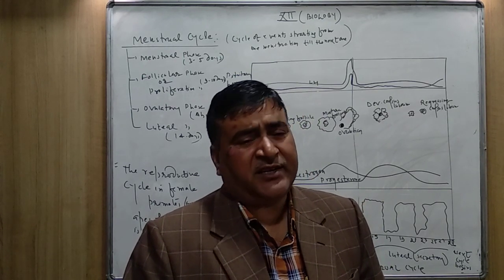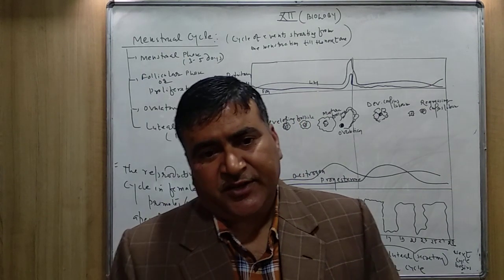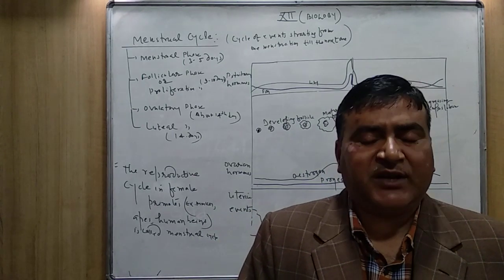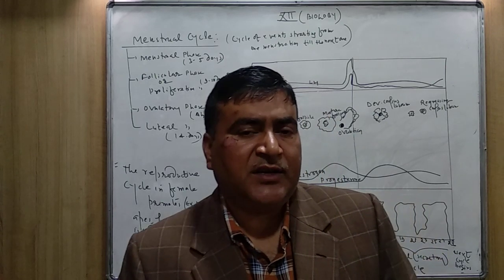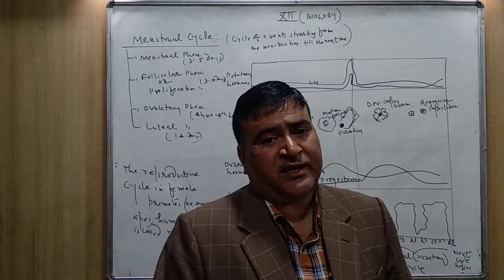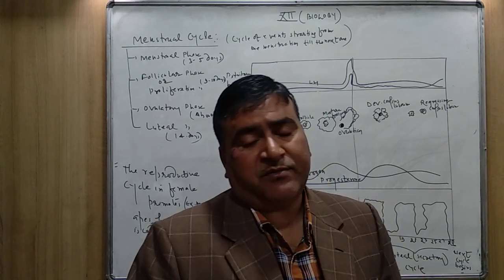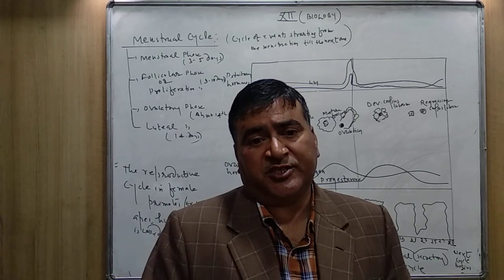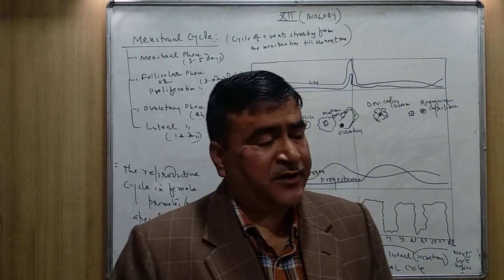But other factors are also there, such as lack of nutrients or any disorders. Sometimes the menstrual cycle is also stopped, but generally if the female is healthy, has no problem, and the menstrual cycle stops, maybe she might be pregnant.